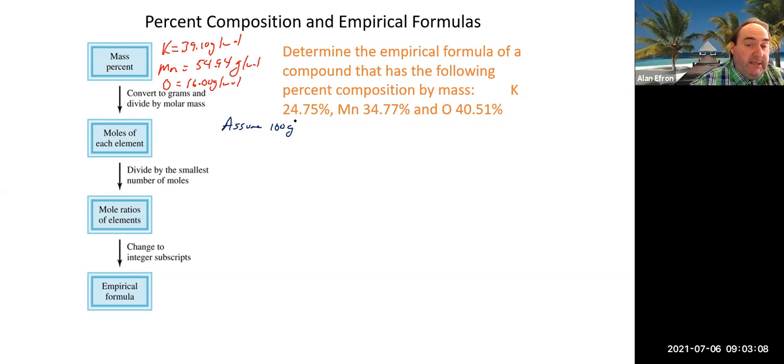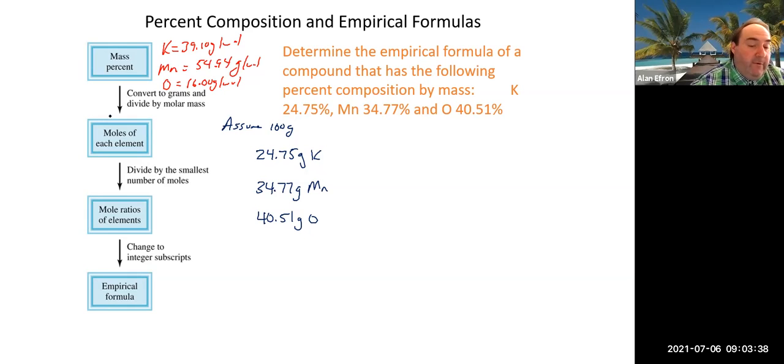The only thing that changes is, instead of 24.75% potassium, you then have 24.75 grams of potassium, 34.77 grams of Mn, and lastly, 40.51 grams of oxygen. So by assuming 100 grams, we keep the numbers the same and quickly get out of percentages into grams.